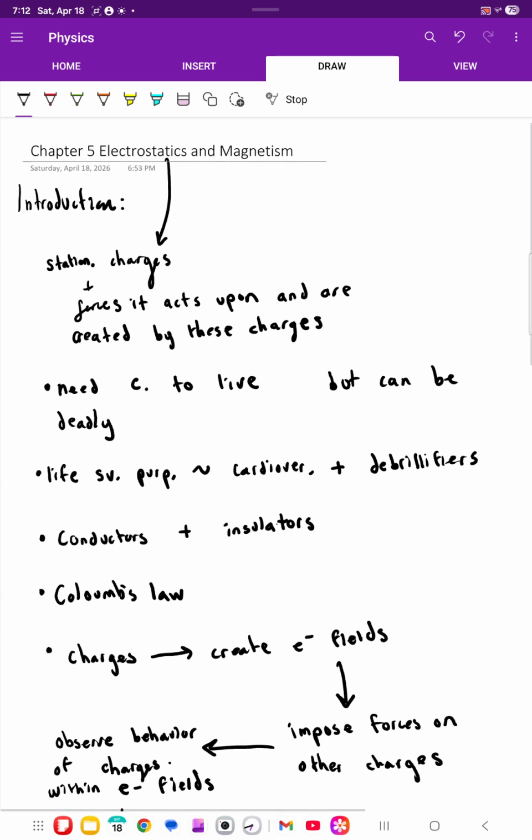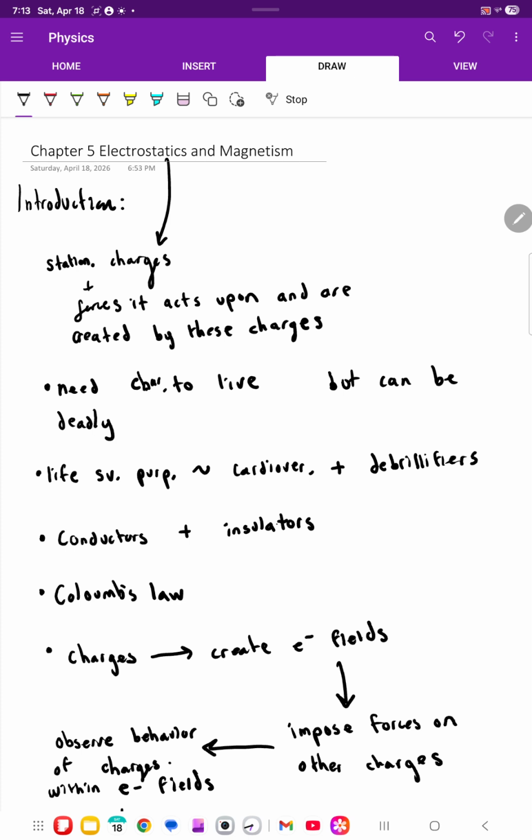That's the definition of electrostatics. Basically, we need electric charges to live, but they can be deadly.